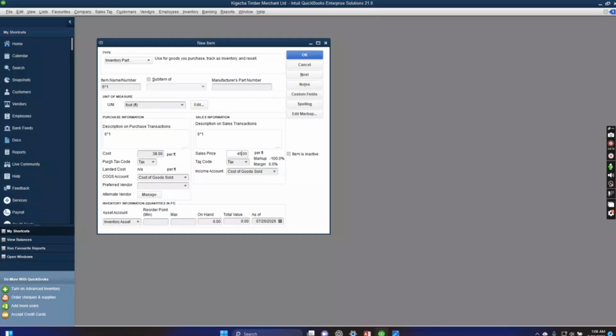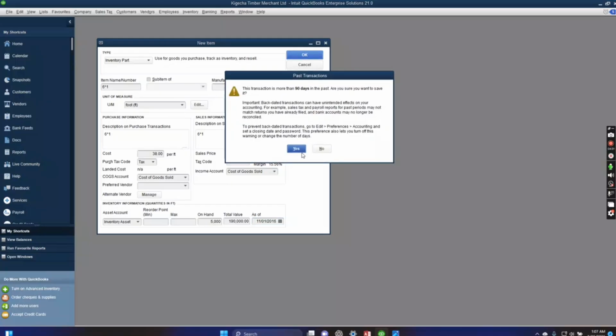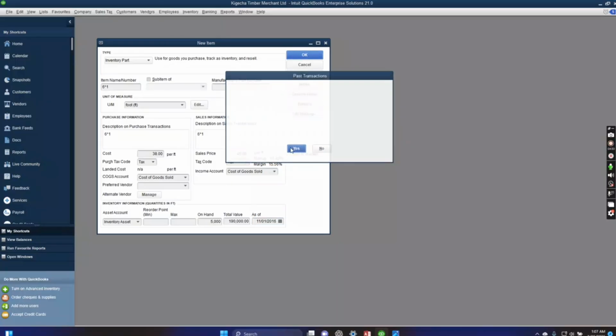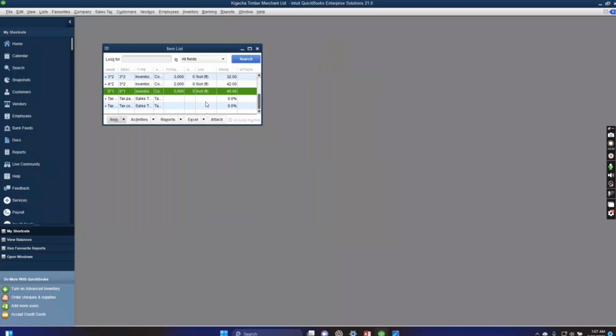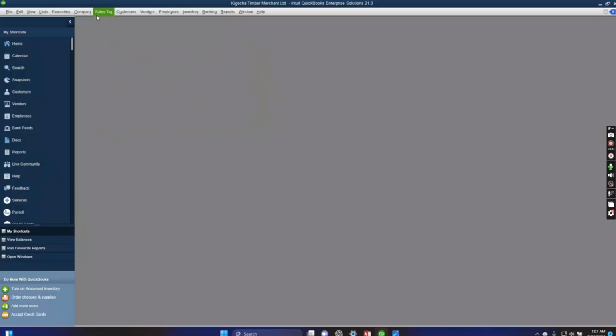The 45. Then amount we have 5,000. Then as of this date. Then okay, because we don't have another item, we close it that way. We are done with that.